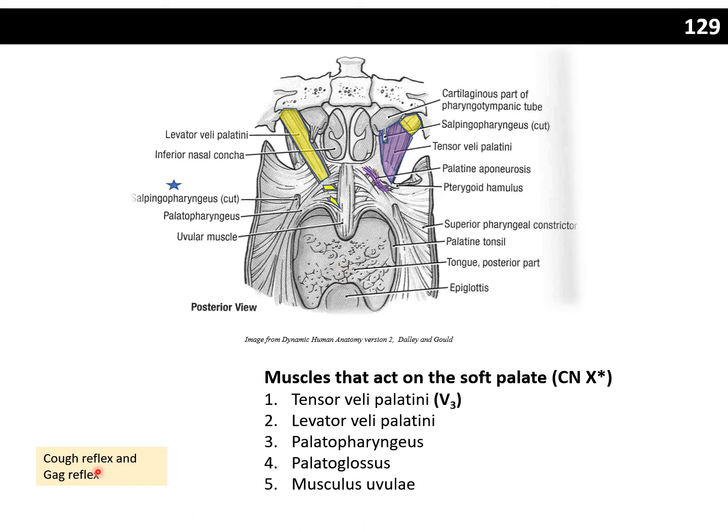So the cough reflex is innervated primarily by the vagus nerve, as an attempt to clear, for instance, the passageways for air in the throat. The gag reflex, in contrast, the sensory is largely via the glossopharyngeal nerve.